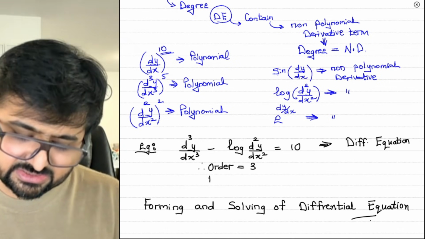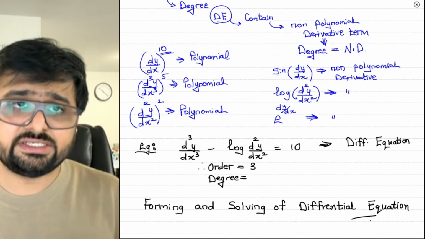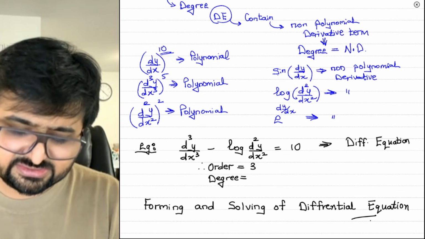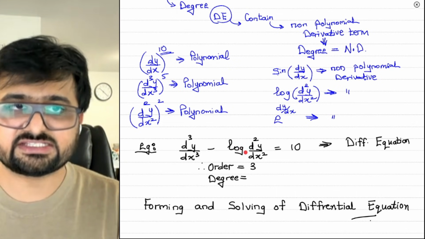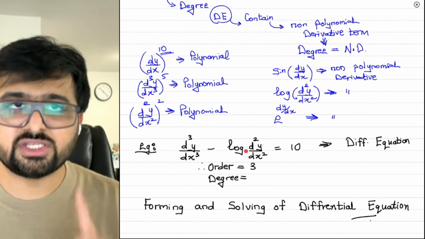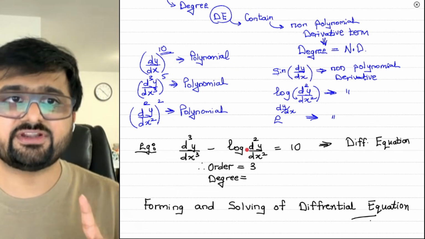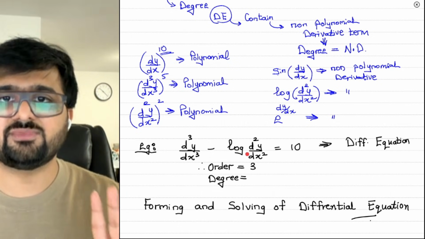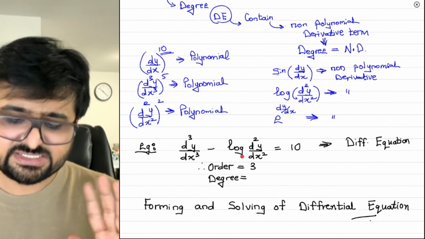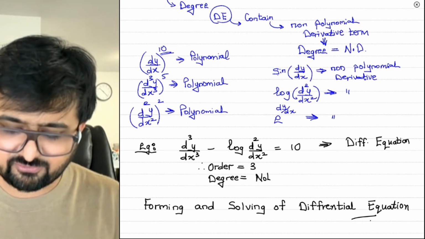Now let's look at the degree. Degree is very important. Since this differential equation contains log(d^2y/dx^2), which is non-polynomial, it is a non-polynomial derivative term. Whenever a differential equation contains a non-polynomial derivative term, the degree is not defined.